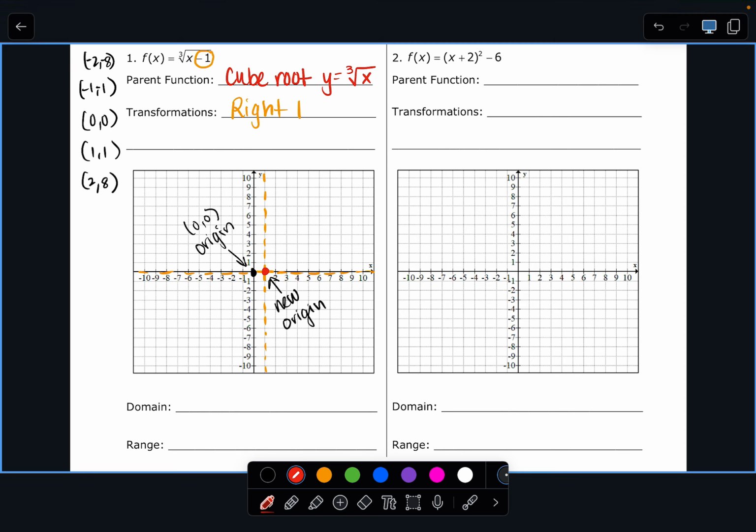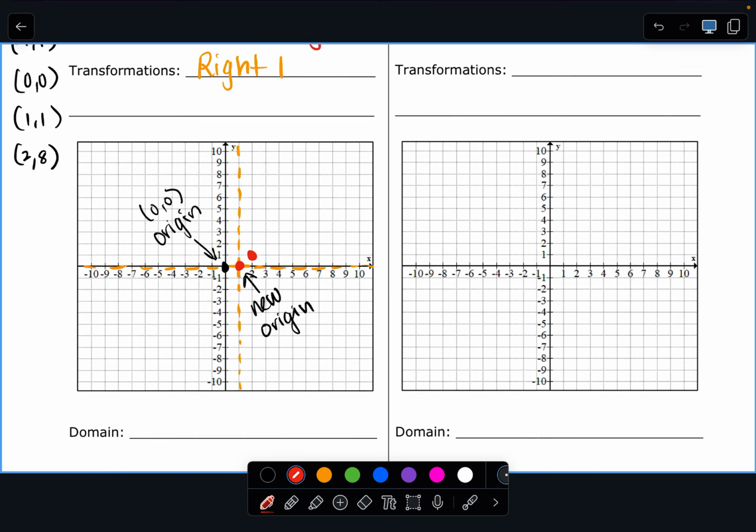And then the next point that I would normally have is 1, 1. So I'm going to go right 1, up 1 from that new origin. And the next point that we would have in a regular cube root is 2, 8. Sorry, I flipped these. Just kidding. Let's go back and change. This needs to be 8, 2.